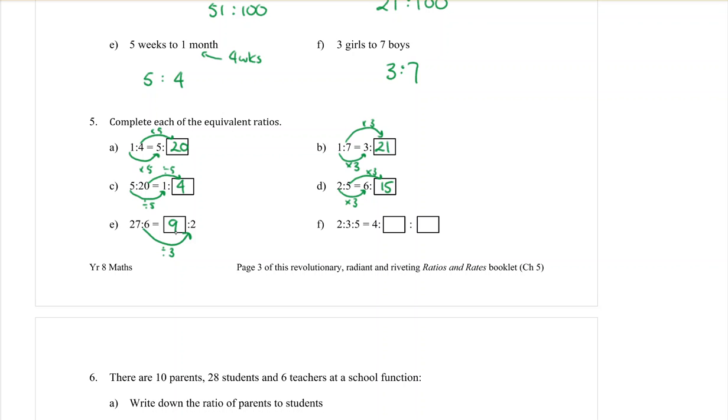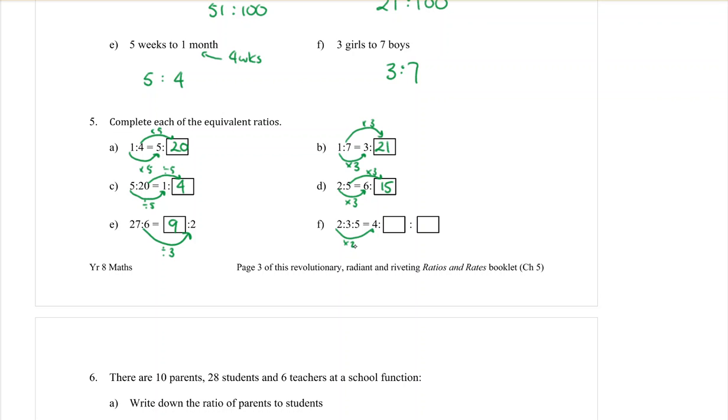So what I want to do, my first number is a 4 and it started with a 2. How do I get from 2 to 4? It's getting bigger, so times by what? 2. 2 times by 2 makes that 4, right?